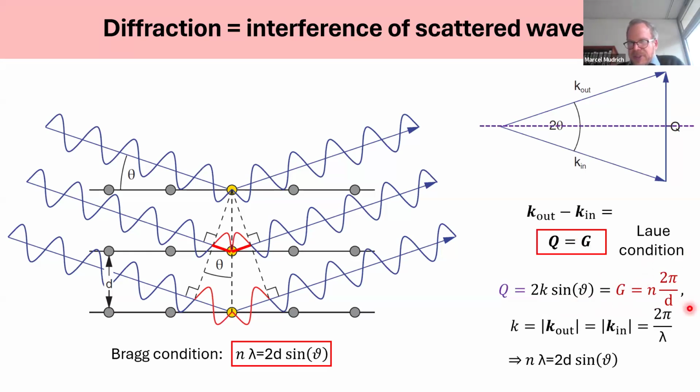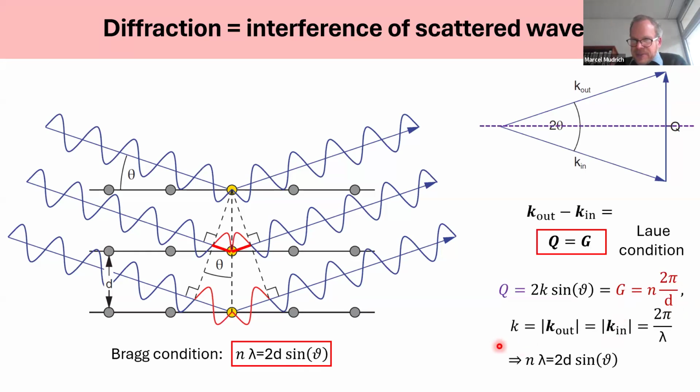we have to remember how the reciprocal lattice is defined. The largest lattice vector is 2 pi over d, and then any lattice vector is an integer multiple of that, where d is the spacing between the lattice planes.